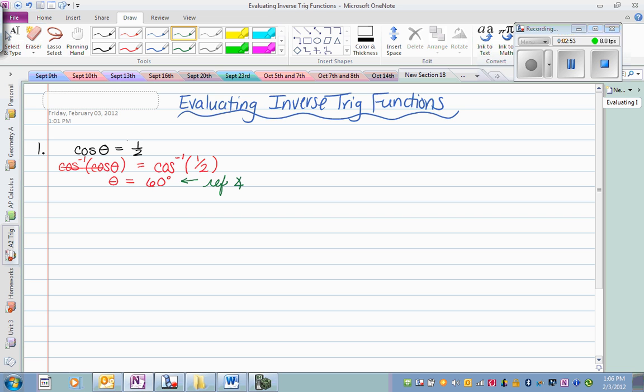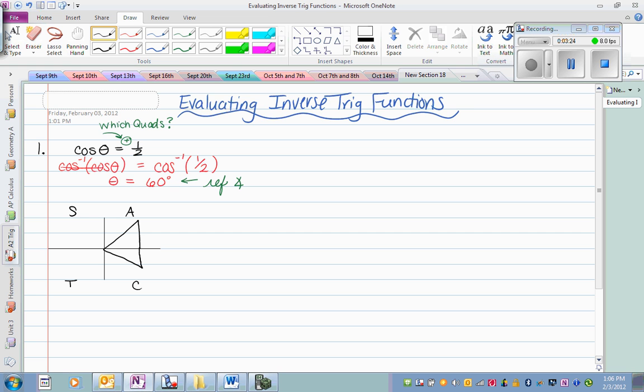Positive, so there's an invisible positive there. This tells you which quadrants. What 2 quadrants is cosine positive in? 1 and 4. So I want to be in this quadrant and this quadrant.